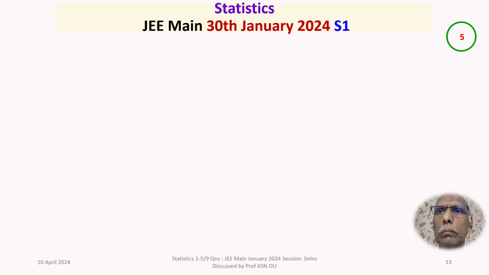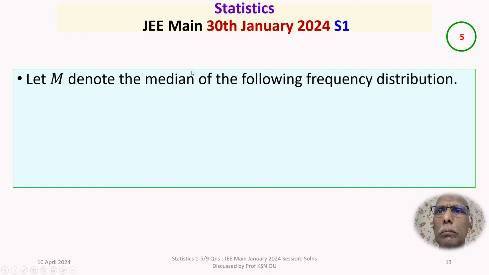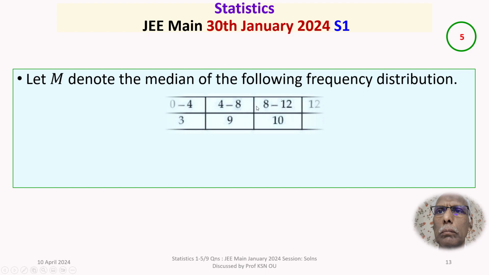This question has appeared in the JEE Main exam held on 30th January 2024 in the first shift, and this is the last question in this video. The given question is, let capital M denote the median of the following frequency distribution.